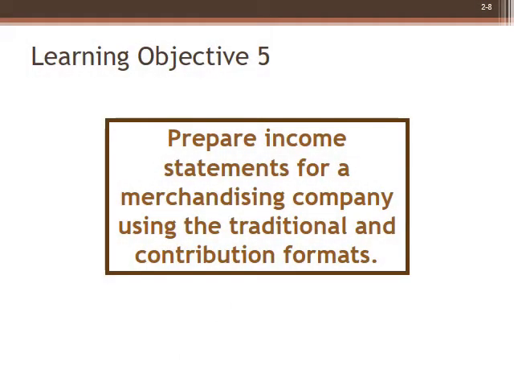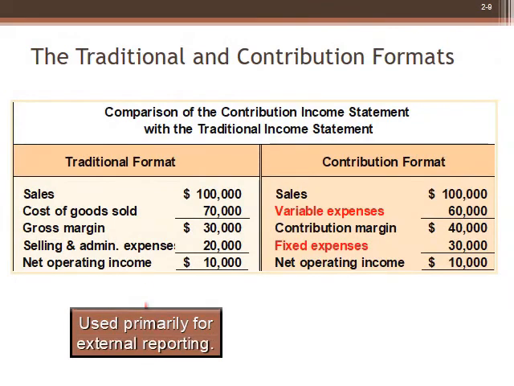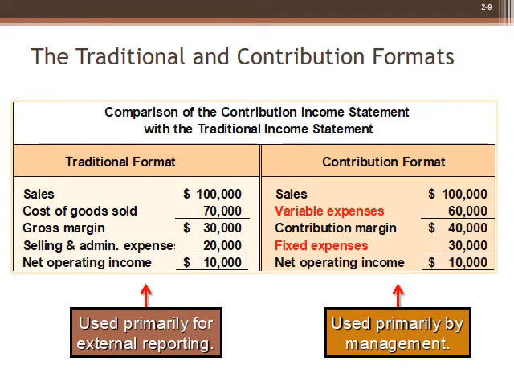Okay, now moving towards our learning objective 5, which is to prepare income statements for a merchandising company using the traditional and contribution margin approach. The contribution format approach of the income statement allocates cost based on cost behavior, while the traditional format approach is prescribed by law and is used for external purposes.